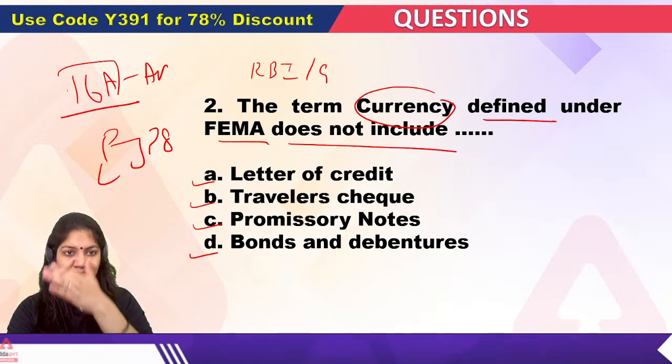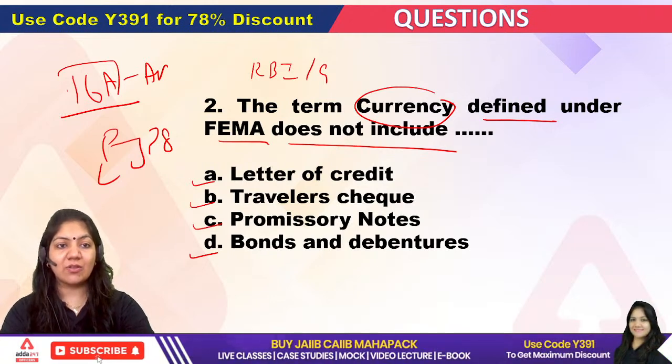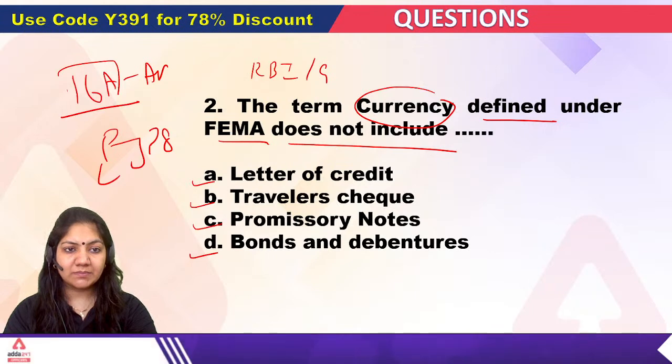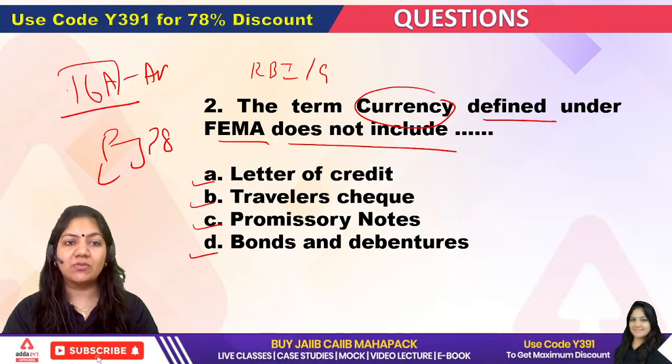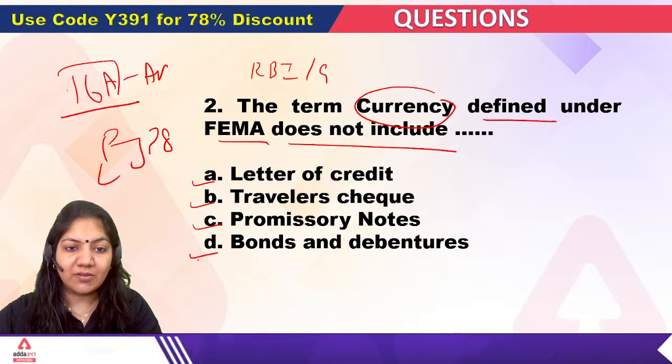Anyone? The term currency that is defined under FEMA does not include class bond and debenture. That is the right answer.